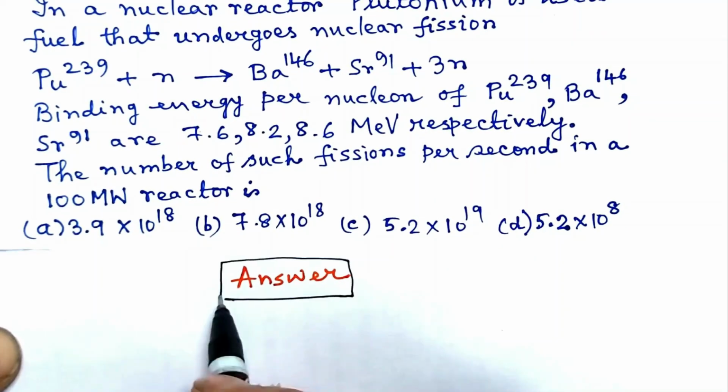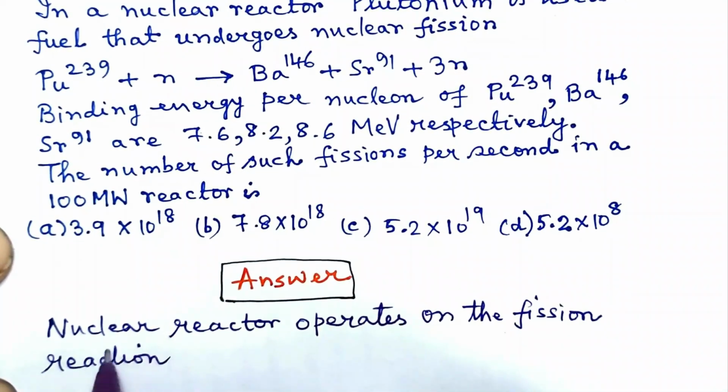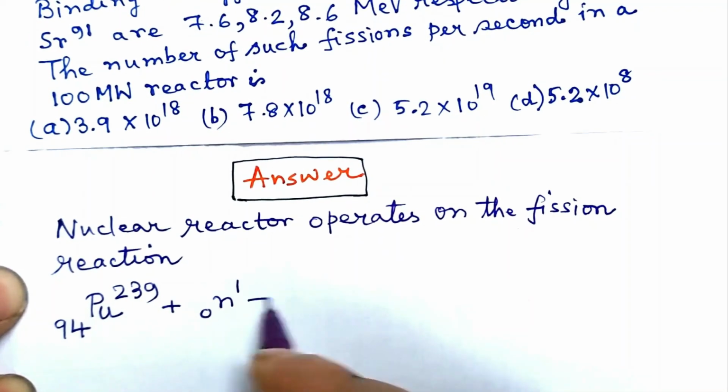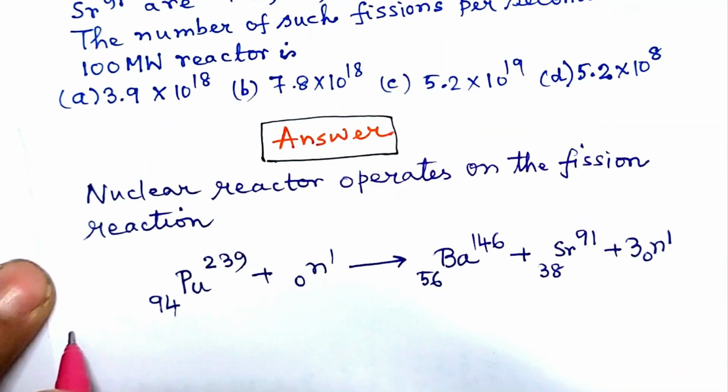The answer: nuclear reactor operates on the fission reaction. In this reaction, the participants are plutonium of mass number 239 and atomic number 94.